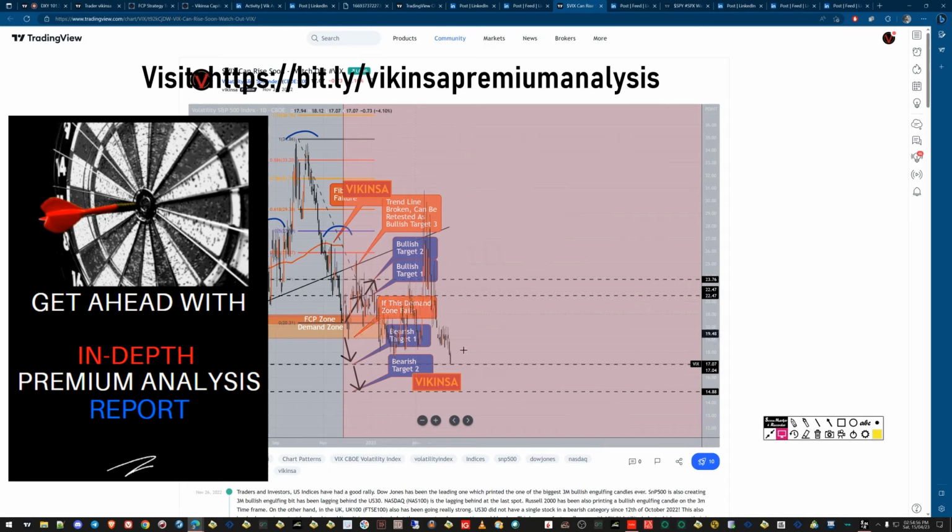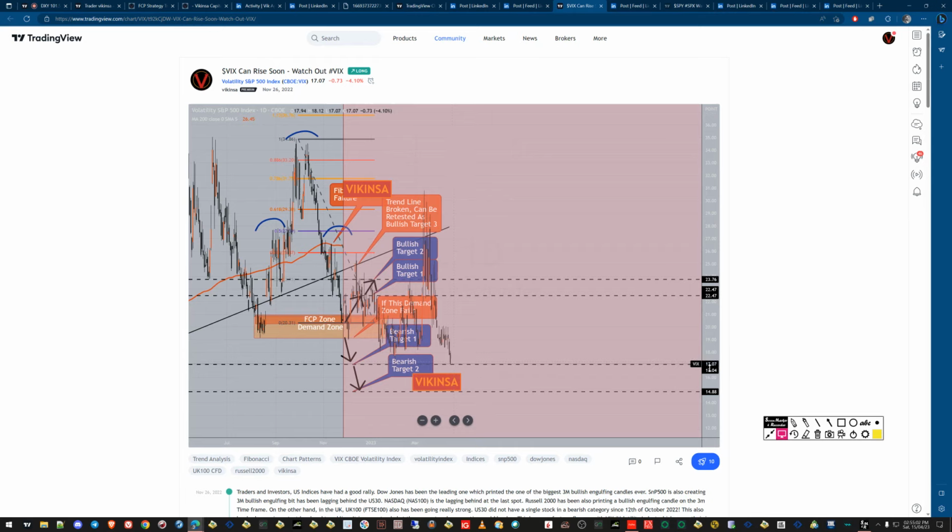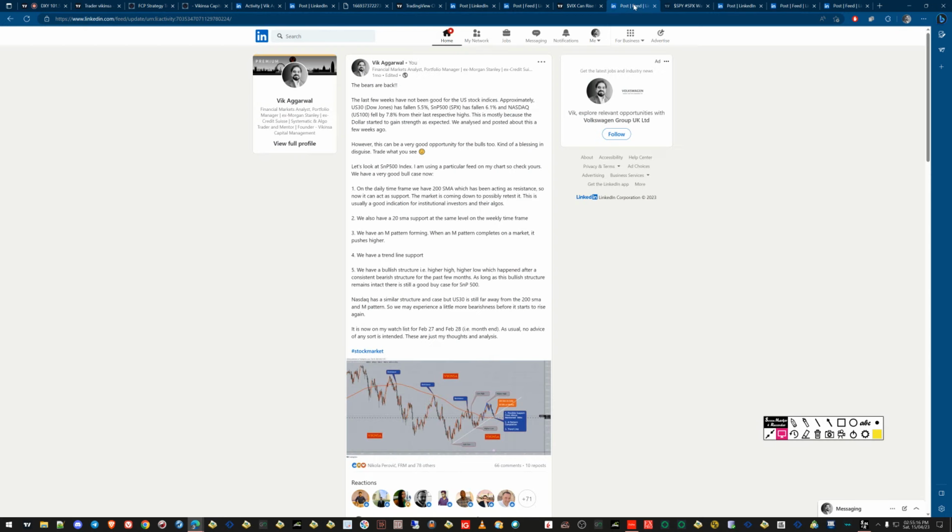But when the market started to go down below this particular FCP zone, once this market has fallen down, now it is coming back down to 17, and it can fall down to 14.88. Now, I may require a little bit of revision to this analysis, but it's quite possible that VIX can fall down to 14.88 or even slightly lower than that. Okay, so that's VIX.